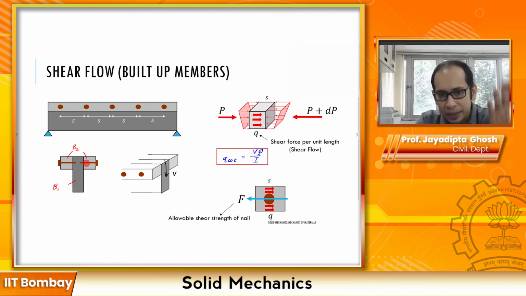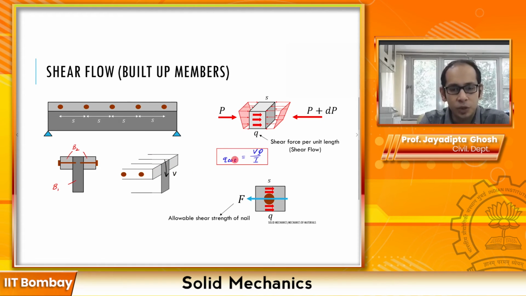So you can imagine that this V essentially gets split into V over 2, V over 2 over here. So each row of bolts, along this longitudinal direction that you have, resists this complementary V over 2, and this bolt over here also resists the V over 2. So for each row of bolts, I have a Q each.